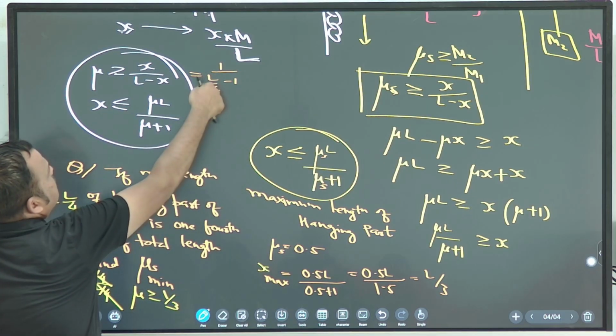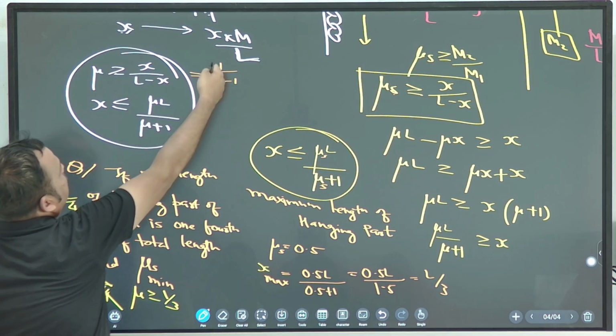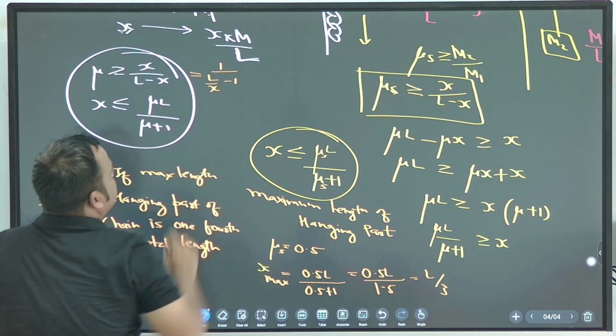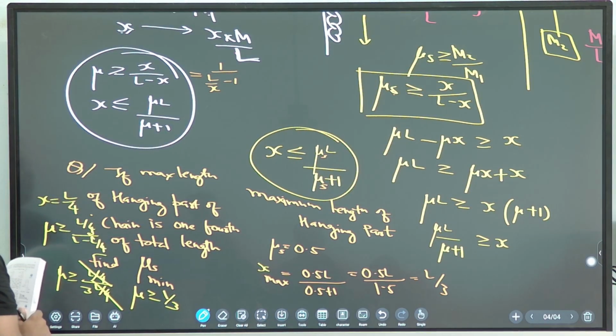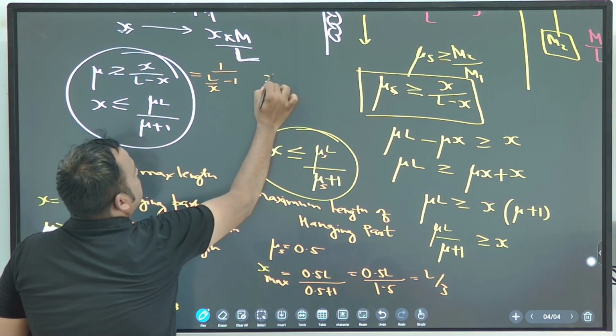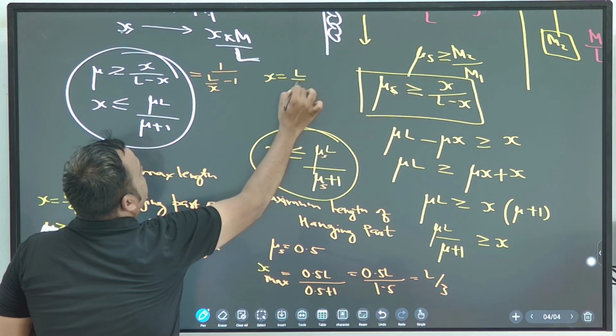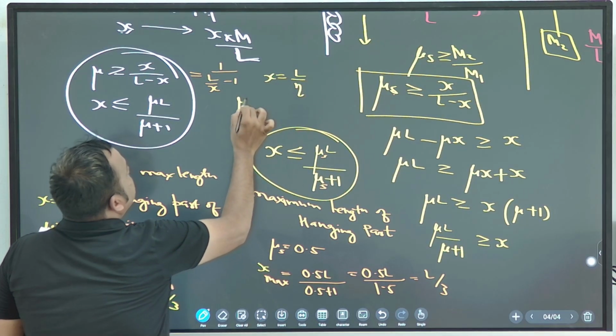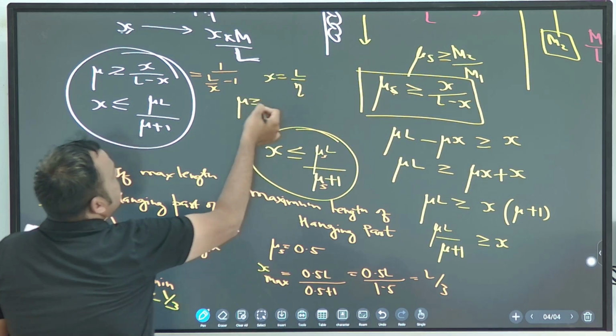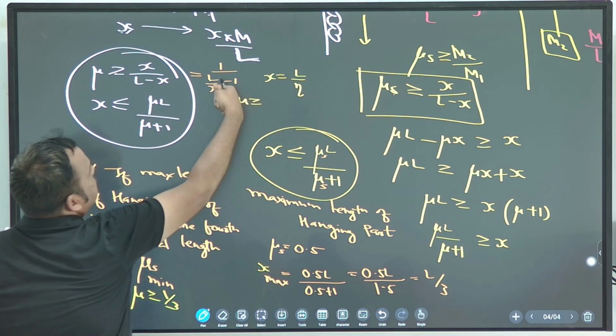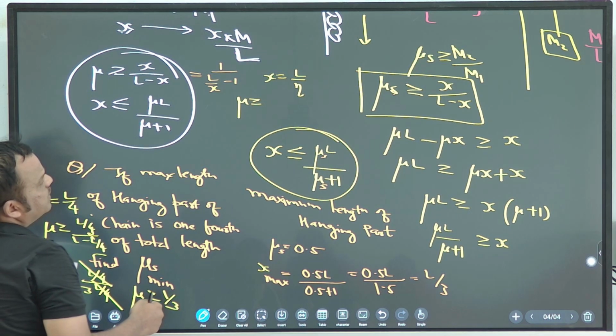You can memorize like this also. Mu must be greater than or equal to 1 upon L by x minus 1. Suppose x is L by eta. So what is mu? Mu must be greater than or equal to, what is L by x?